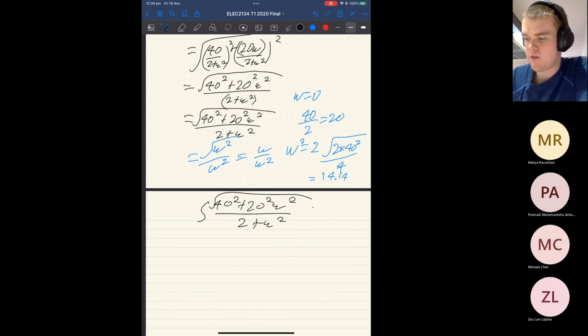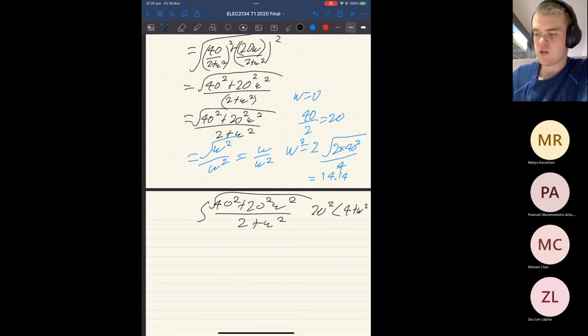Now what we can do is take a factor of 20 squared, which gives us 40 squared divided by 20 squared. It's just times 4, right? Yes, it's 4 plus omega squared.